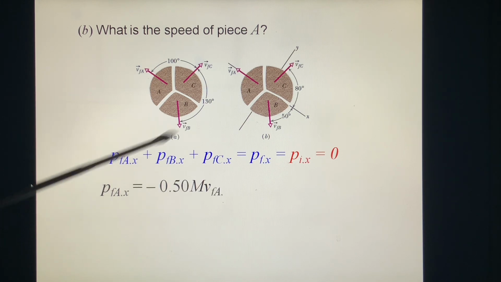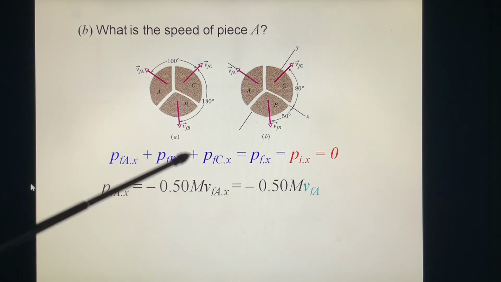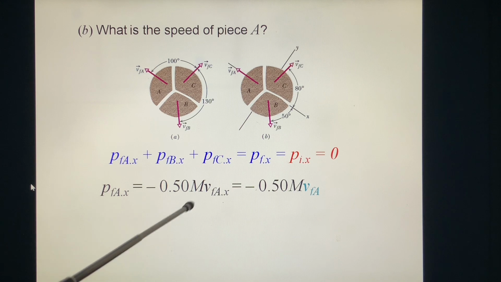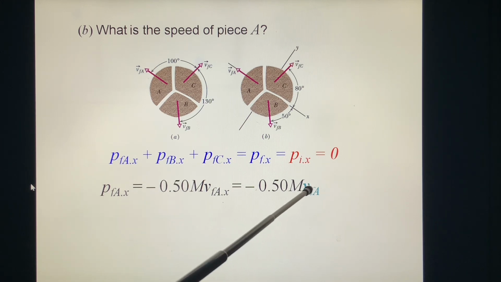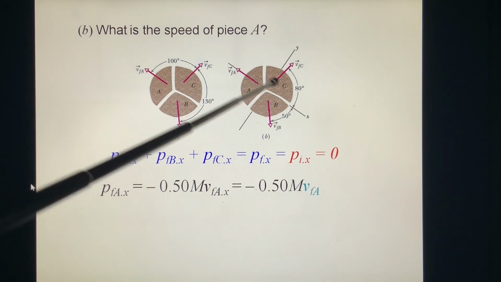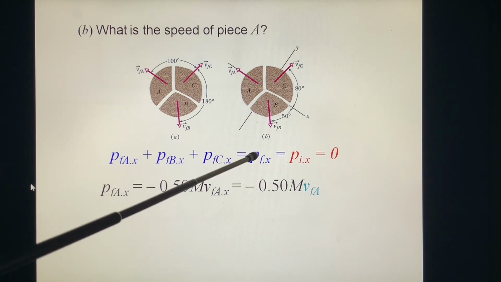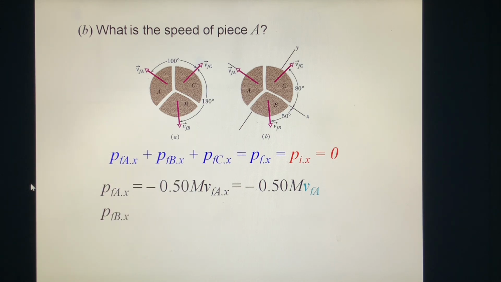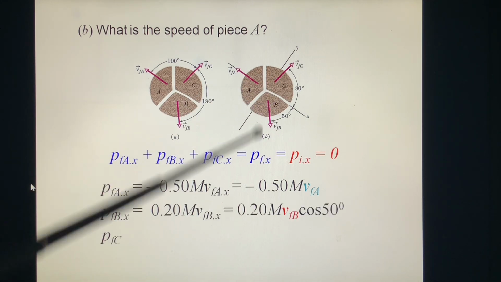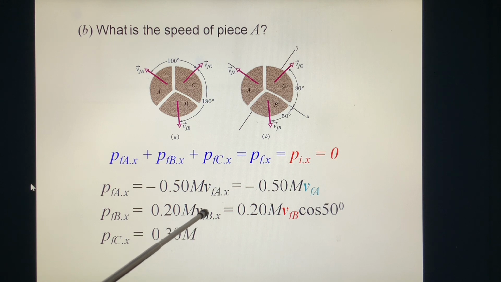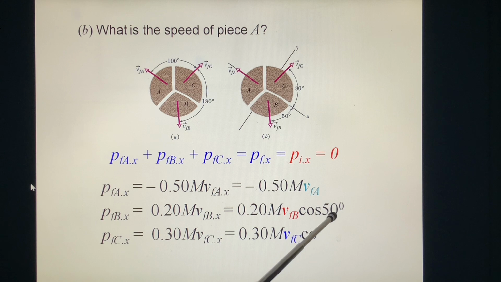So P final A x equals the mass 0.50 M times minus V final A. This is the one I don't know. That's what we want to find, on A. And we have this one and this one we can calculate. P final B x equals mass 0.20 M times VB cosine 50.